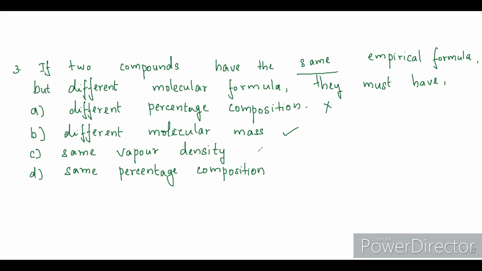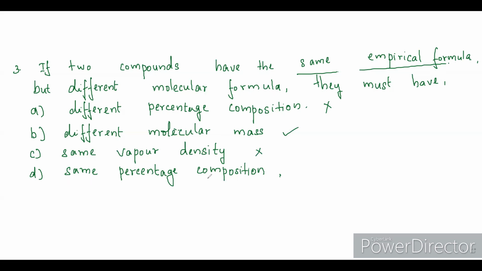Same vapor density? No, wrong. When vapor density is same, molecular mass is same. And when molecular mass is same, then both compounds should have the same molecular formula. Same percentage composition? Yes, but because the percentage composition is same, you got the same empirical formula. So percentage composition has got nothing to do with the molecular formula.